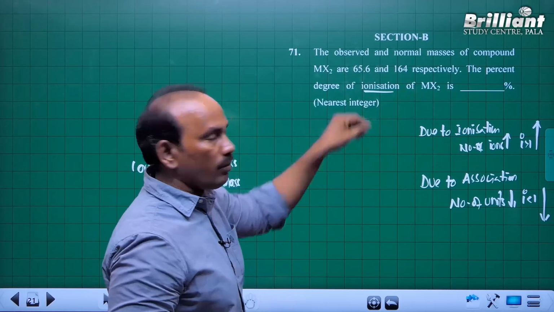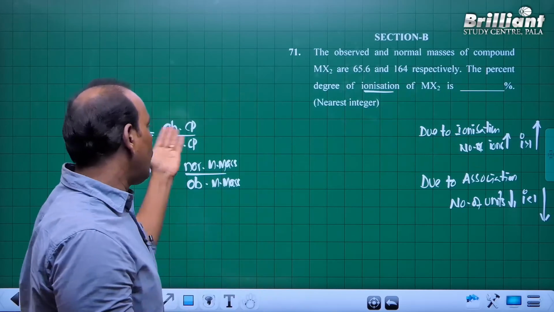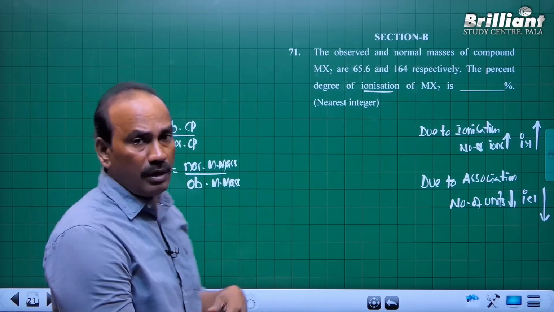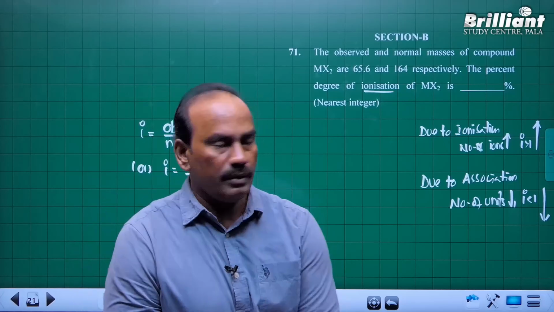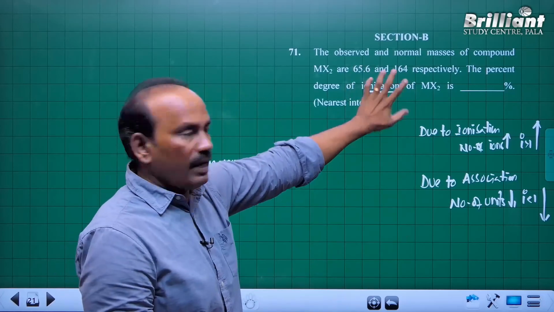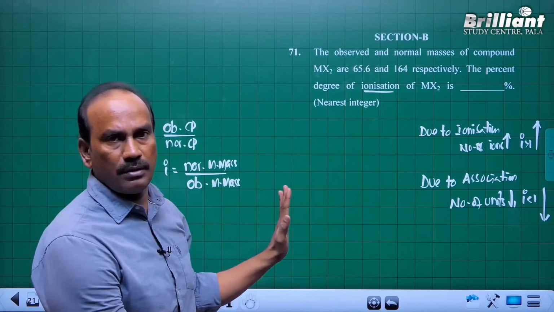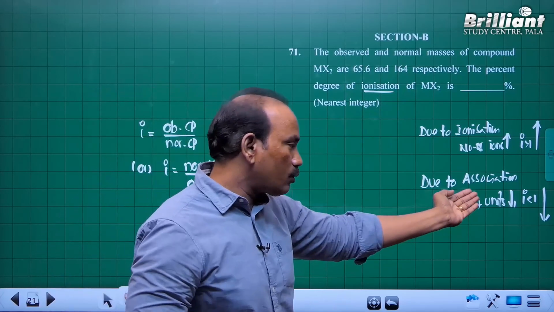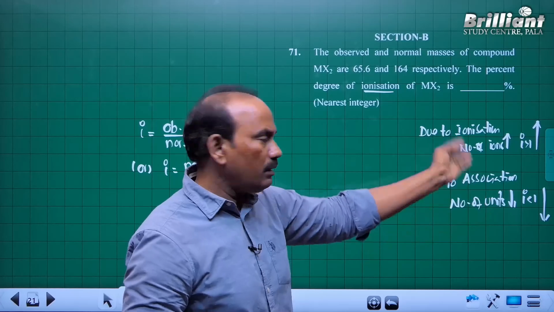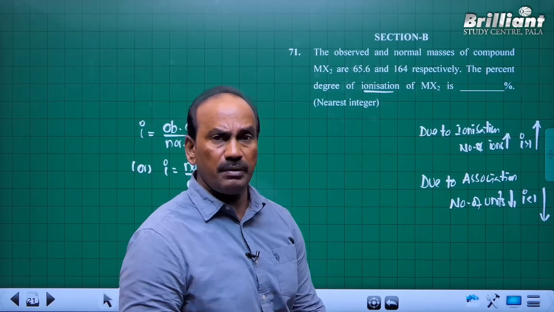That's why higher by lower. Sir, I get a formula, but is it observed by normal or normal by observed? I forgot. So for ionization, higher value by lower value. That's it. For association, lower by higher. Simple logic.